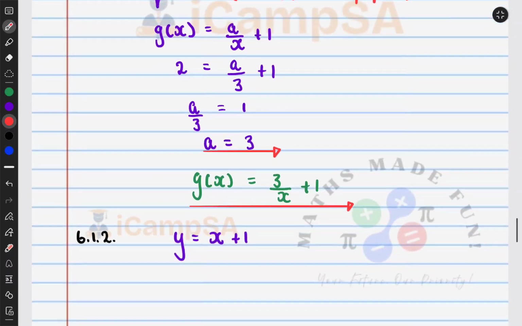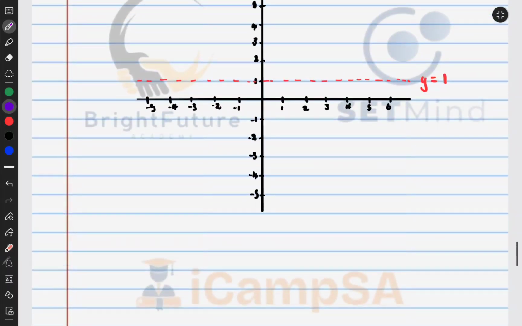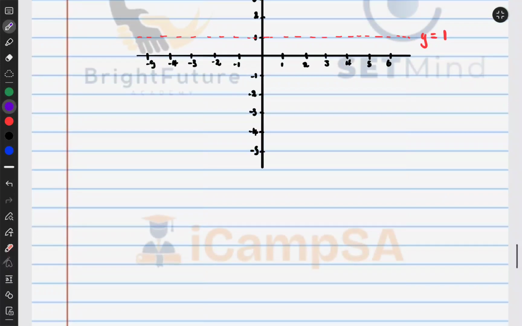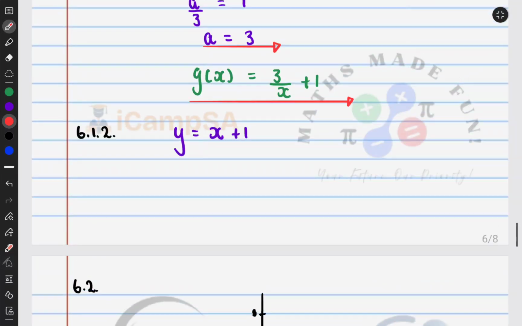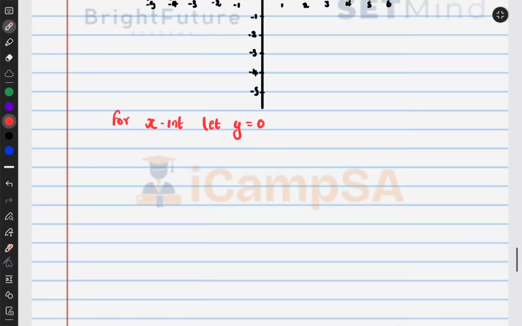And for this function, we're going to have an x-intercept. Let's quickly calculate the x-intercept. For the x-intercept, let y be equal to 0. What's the equation of the function? g(x) is equal to 3 over x plus 1.